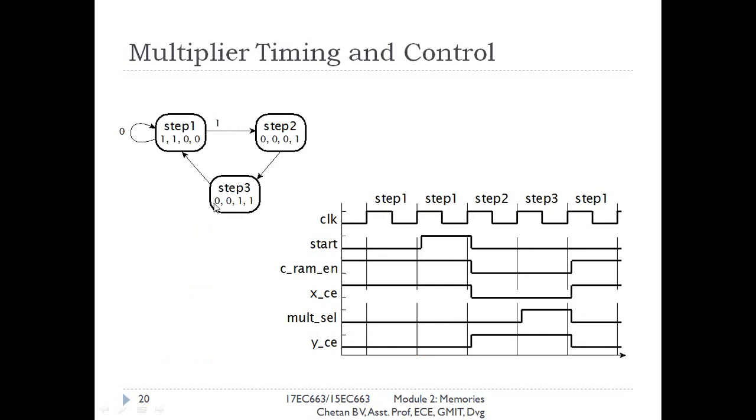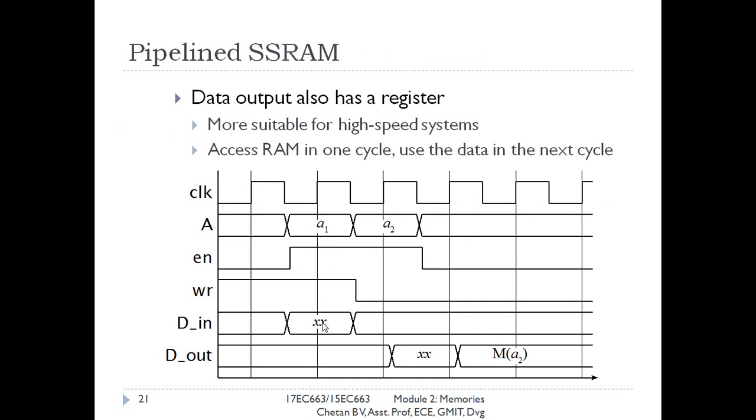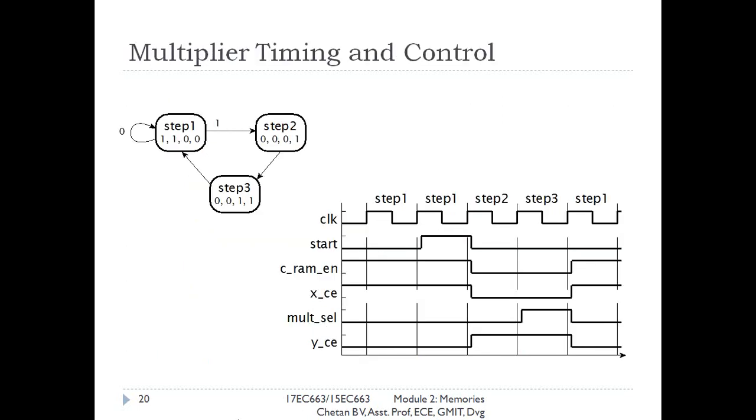From step 3, after finishing the work of step 3, we directly move to step 1. Again we keep waiting in step 1. So these 4 values are CRAM enable, X underscore CE, multiply select, and Y_CE.